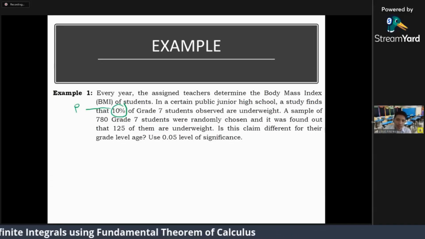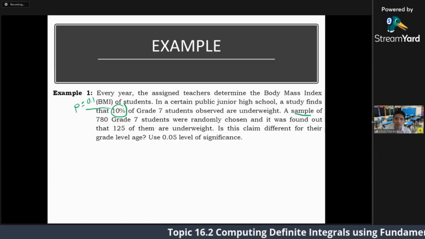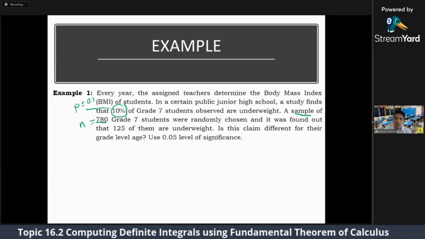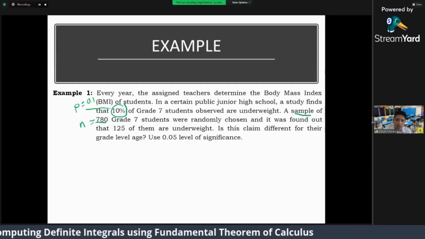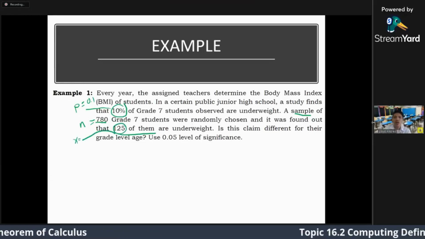So p, which in decimal is 0.1. Next, a sample of 780, so this is n. Randomly chosen, and it was found out that 125 of them are underweight, so this is x. Out of 780, 125 are underweight.